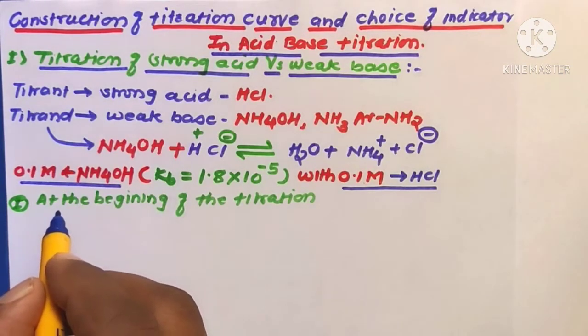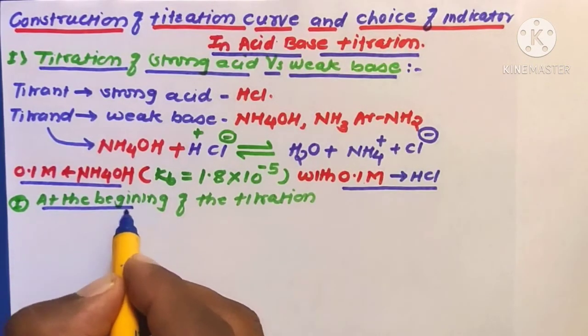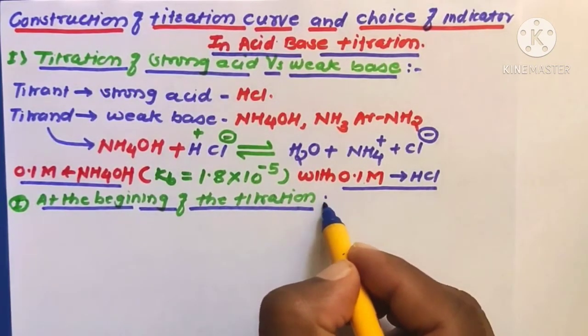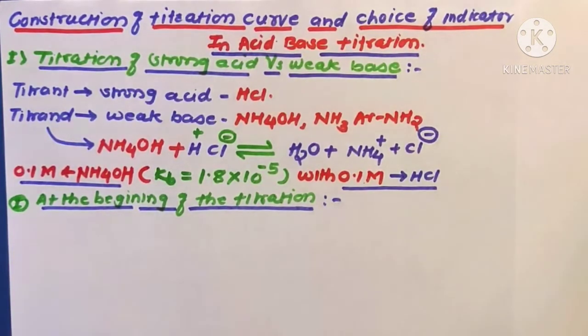Therefore, the pH of the solution can be calculated from the following equations, that is the concentration as well as the dissociation constant of the NH4OH.